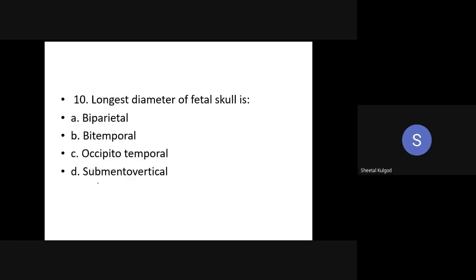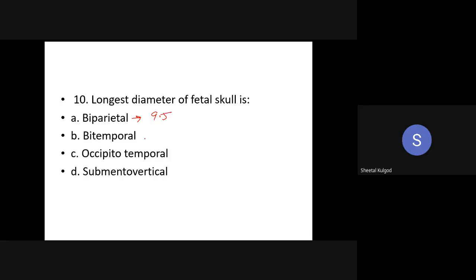Longest diameter of the fetal skull is biparietal, bitemporal, occipitotemporal, or submentovertical? Longest is biparietal. Biparietal diameter is how much? 9.5.